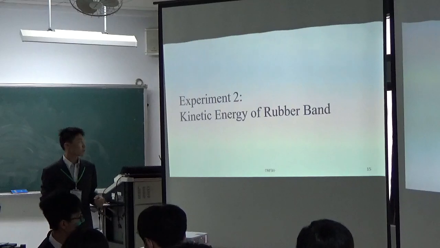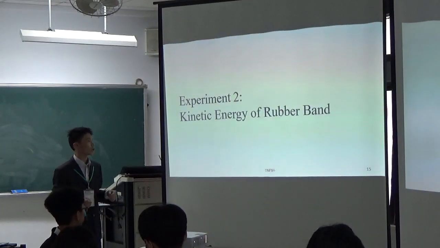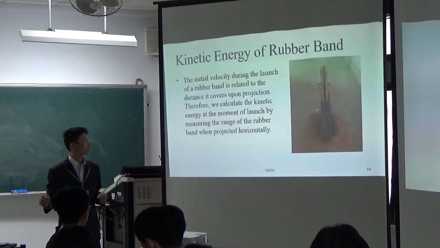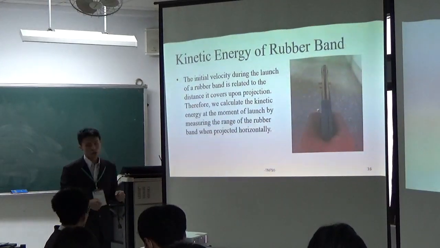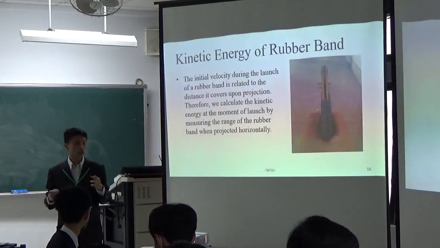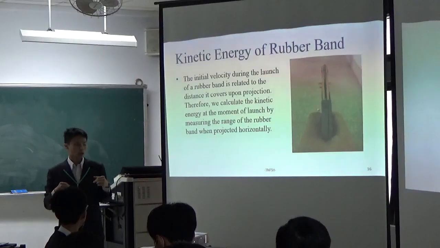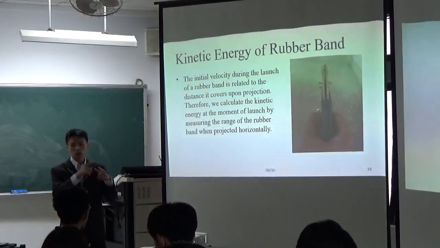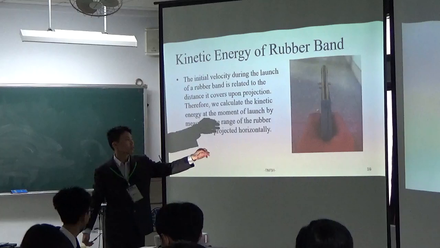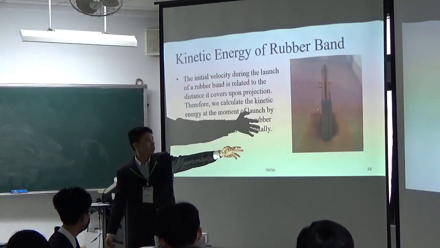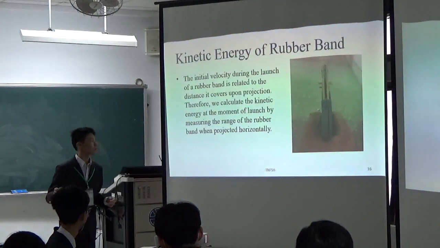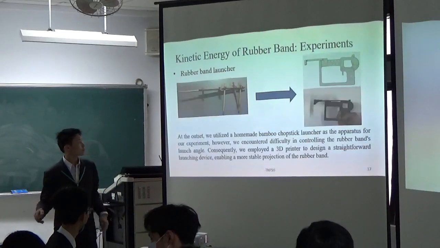In the second experiment, we want to measure the kinetic energy of our rubber band. We observe how far it shoots. We have our rubber band gun and our rubber band, and we shoot it horizontally.